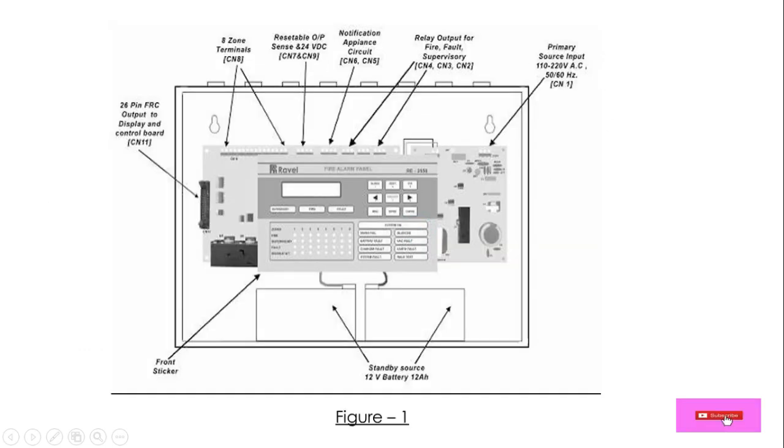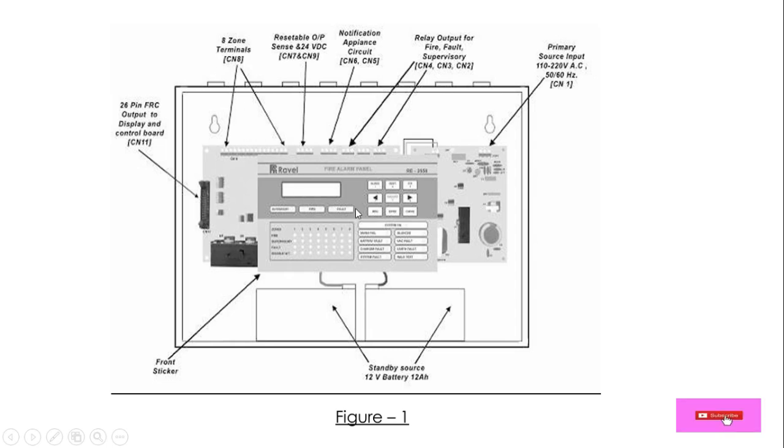Okay, here is the general terminal layout of the conventional fire alarm system. This is the display front side of the panel. These terminals are for zones. This is an 8 zone panel.